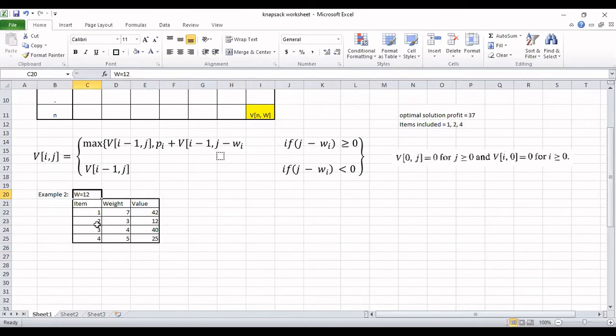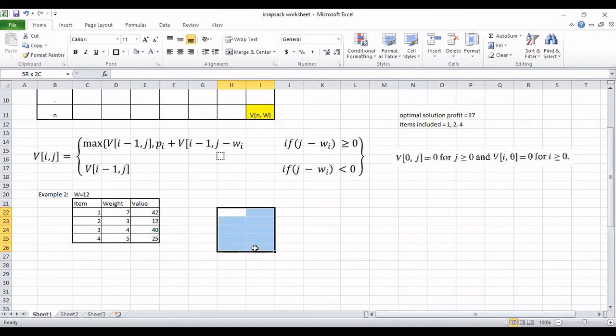What is the W? W is 12. So therefore 12 plus 1, 13 columns, and 4 plus 1, 5 rows. So we have rows 0, 1, 2, 3, 4, that is 5 rows.